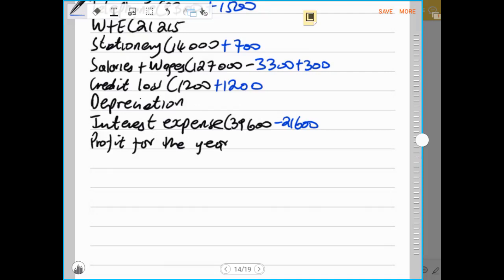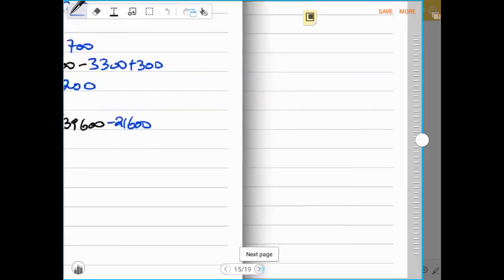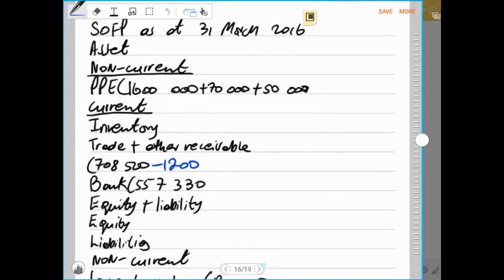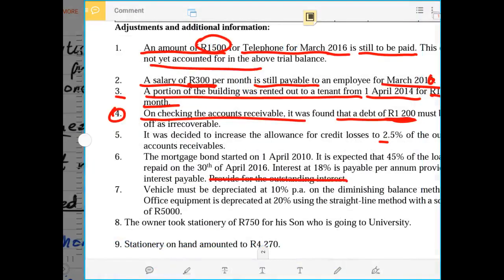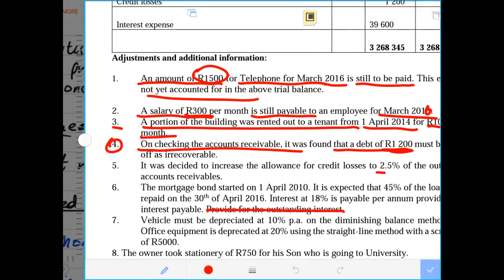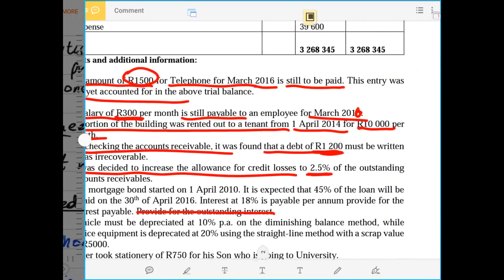Then now we immediately go to the next general entry or additional information. And under our additional information, which is number 5, it tells us that it was decided to increase the allowance for credit loss to 2.5% of the account receivables.